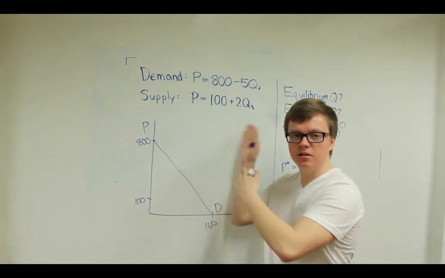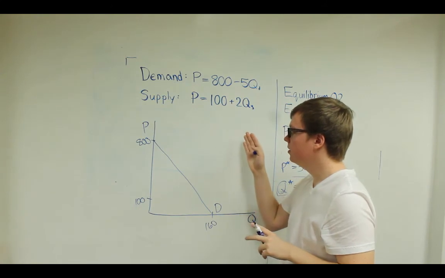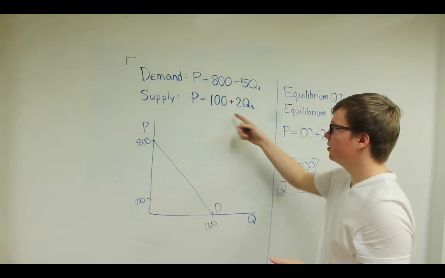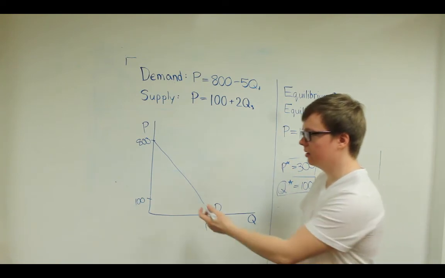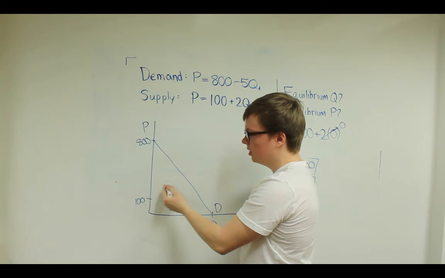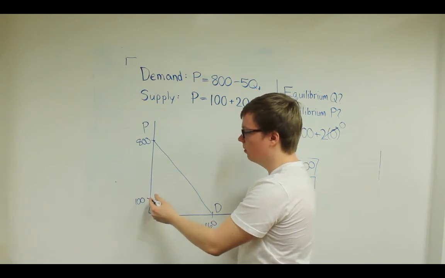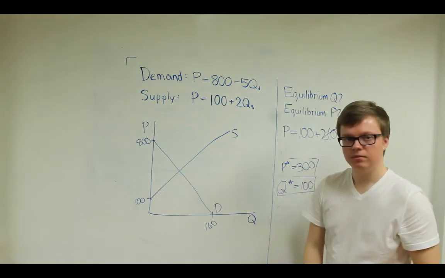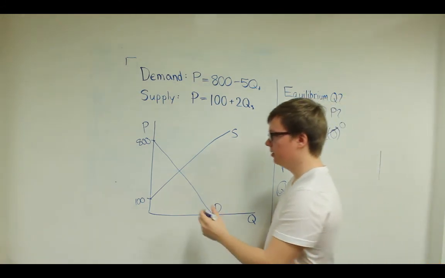Then it has a positive slope, so it won't come down and meet the quantity axis. So from here we just have to draw the slope. We know it's a slope of 2, so just like from algebra, up 2 over 1, it might look something like this. So that's how you graph supply and demand.